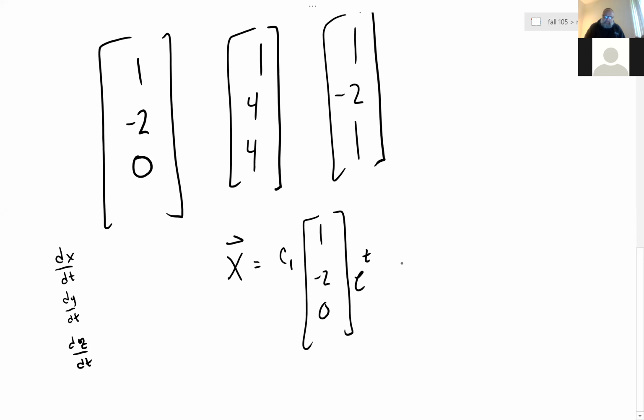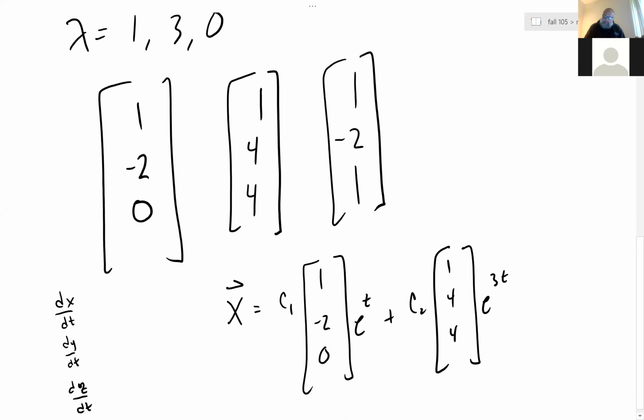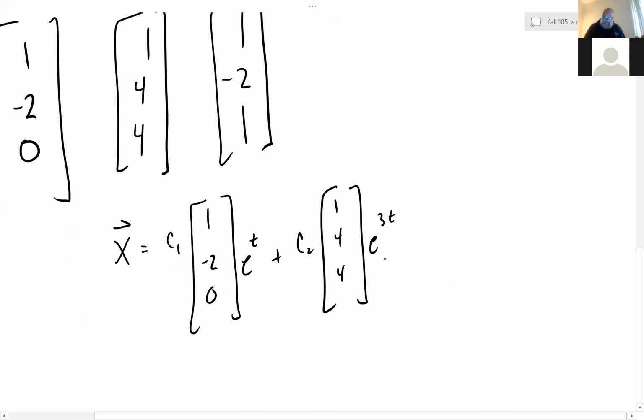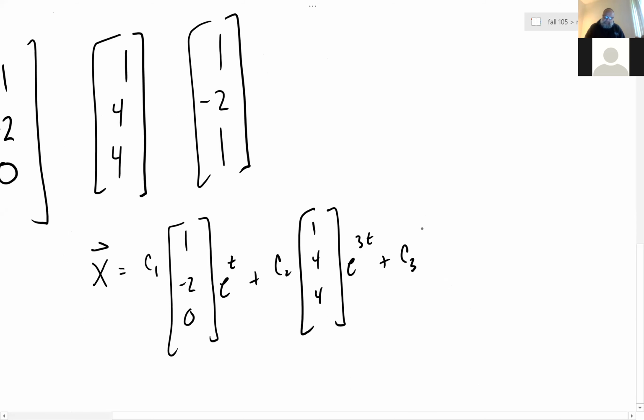And then you'd have plus C2, 1, 4, 4, e to the 3t, because that was our next guy, yes? And then you'd have plus C3, 1, negative 2, 1, e to the 0t, which is just 1. So these last guys would just be constants.